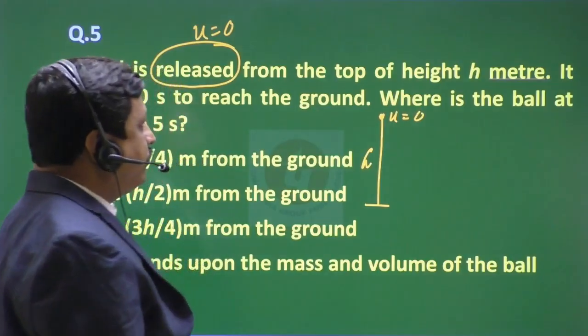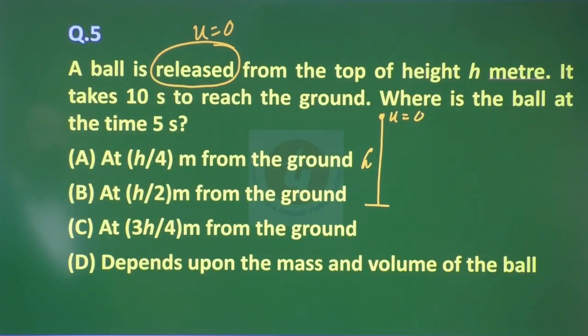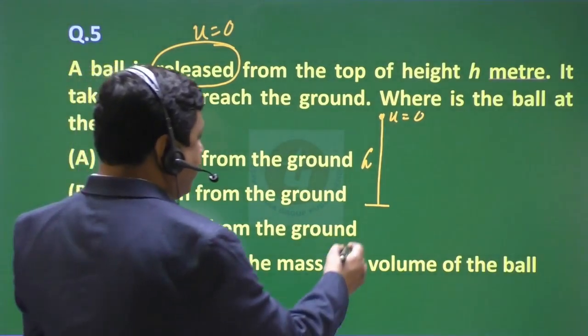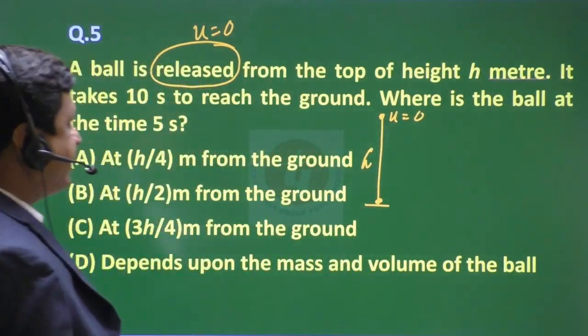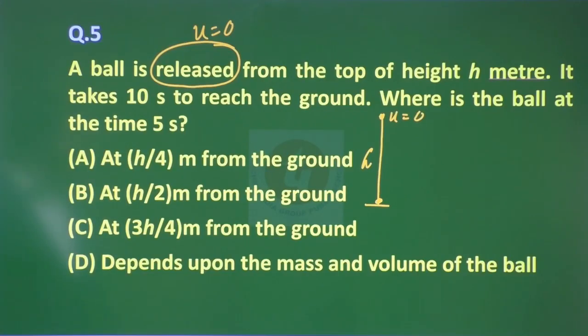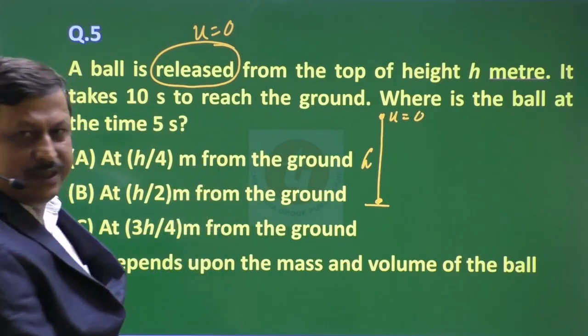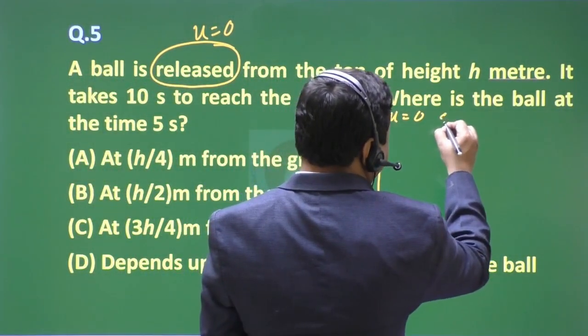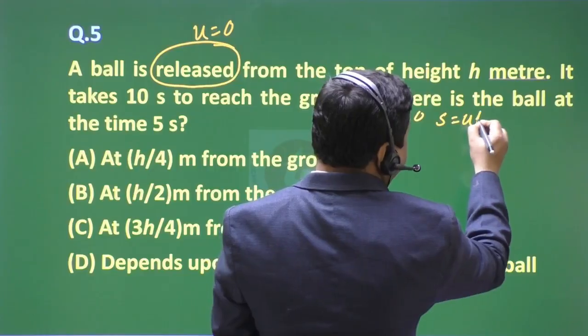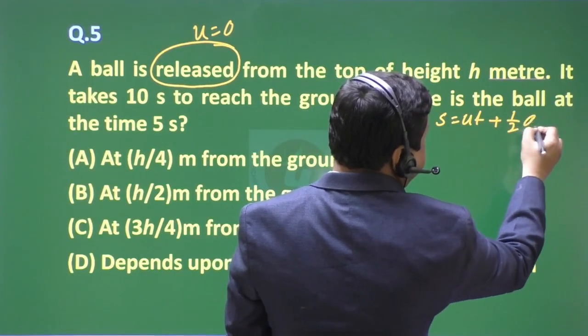Okay, from the top of a height h meter, it takes 10 seconds to reach the ground. When it reaches the ground, it will take 10 seconds. Where is the ball at time 5 seconds? First you have to find the value of h. Okay, first you have to put the equation s equals to ut plus half a t square.